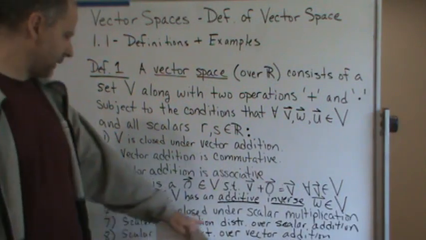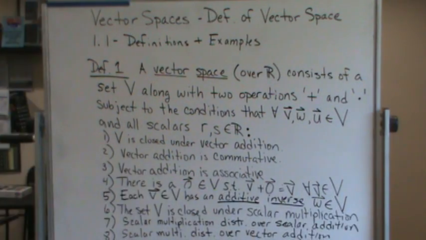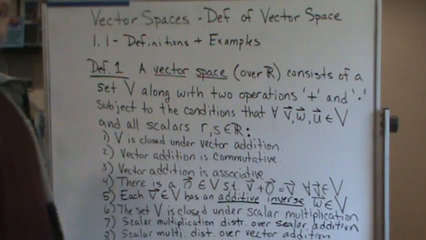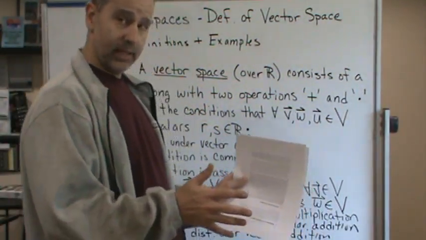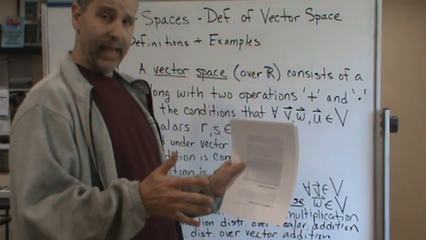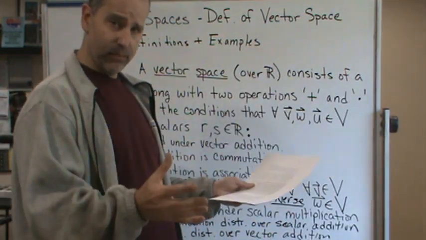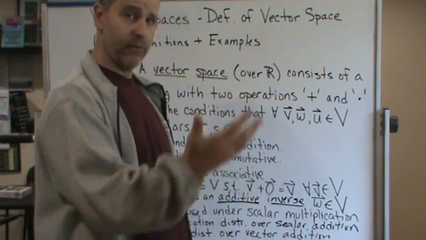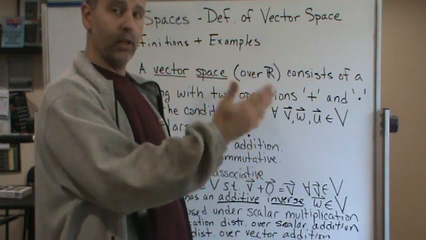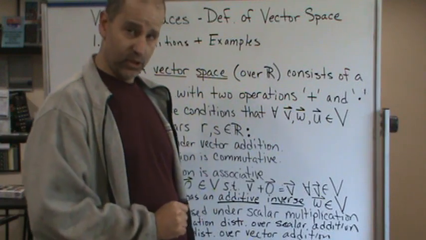7, scalar multiplication distributes over scalar addition. So if you're adding two scalars together, and you're multiplying that sum by a vector, you can distribute the vector over the addition.